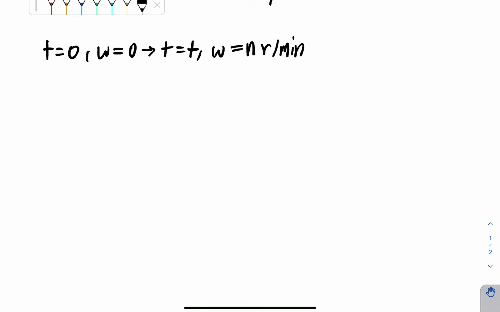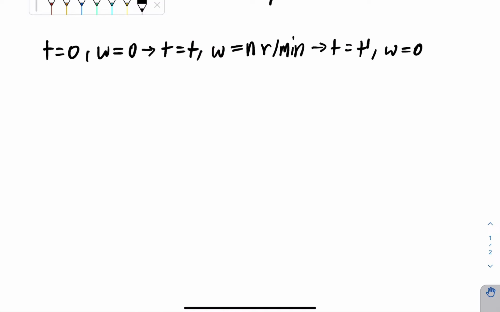Okay, so then we're going to wait for the rotation to stop. So at t equals t prime, we are going to have omega equal to 0 again. So what is the linear speed at the edge of the rotor at t equals t?